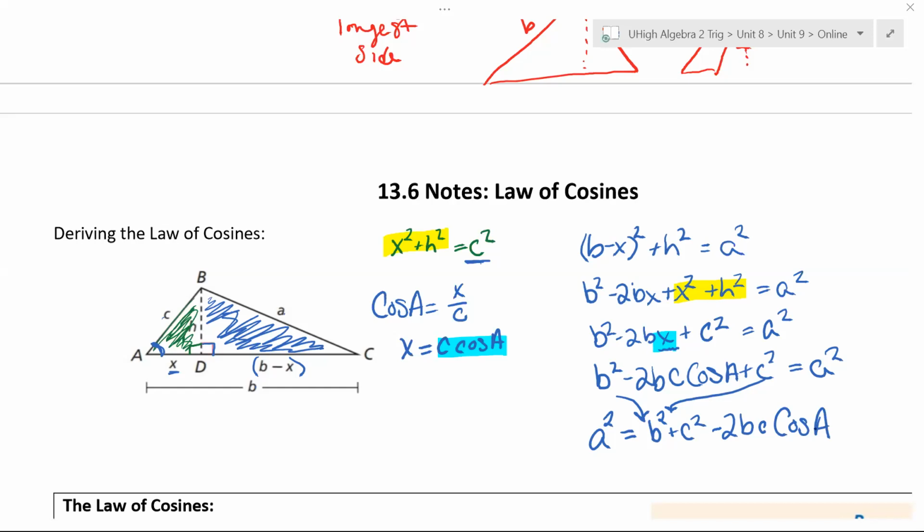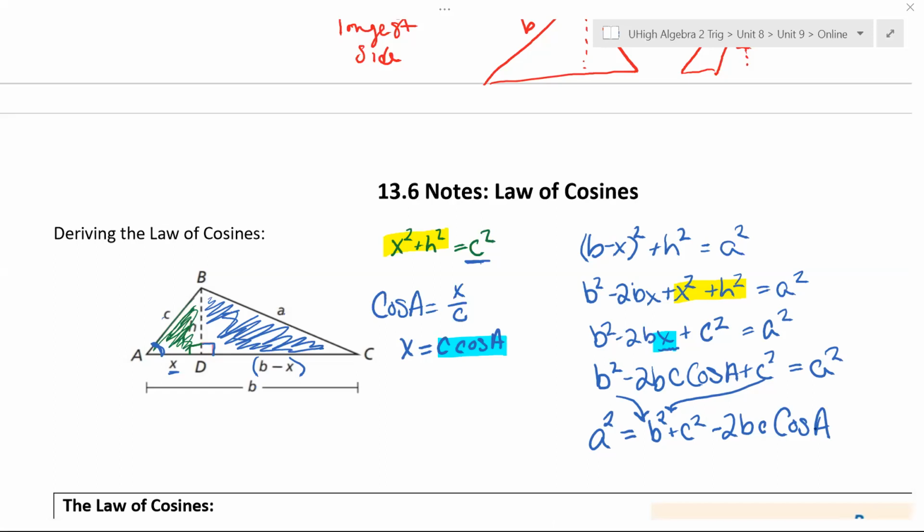Then, to solve this triangle in terms of my side lengths A, B, C and my angles A, B, C, I have to solve for x and substitute that value in.